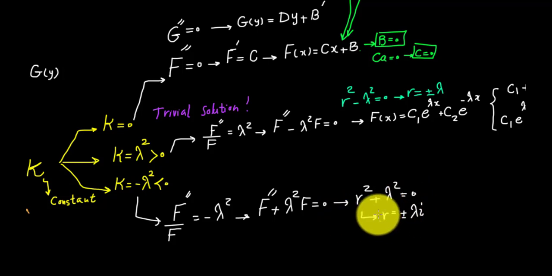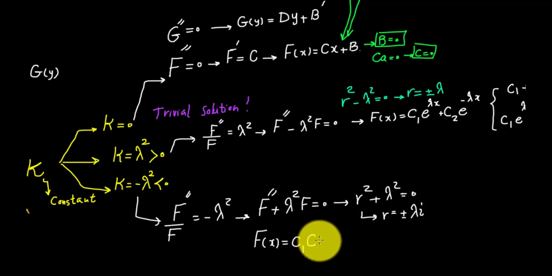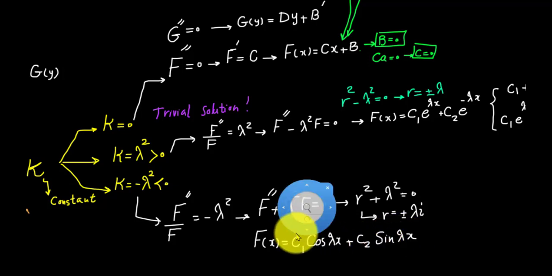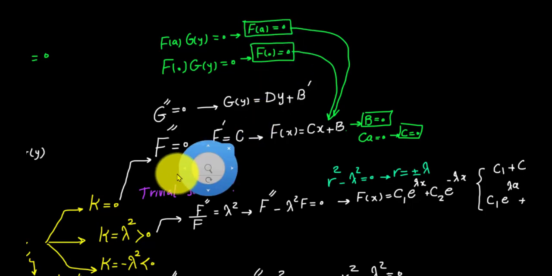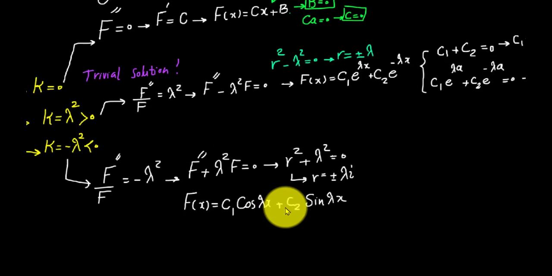And we know from ODE that if r is an imaginary number, capital F of x would be in the form of C1 times cosine of the imaginary part, lambda x, plus C2 times sine of lambda x. Again, if you recall from the boundary conditions of the left and right, f of 0 and f of a have to be equal to 0 due to the Dirichlet boundary conditions.